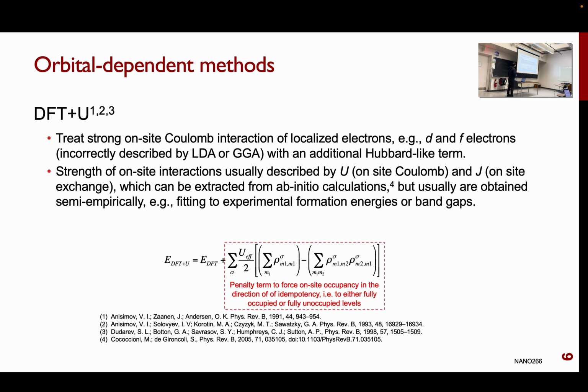So the only problem with this approach is, of course, that now you actually have to specify what this U parameter is. This U parameter essentially is the strength of the penalty term that you apply to your standard GGA energy, standard DFT energy, okay? And you basically have to get your U value using some empirical approach, okay?